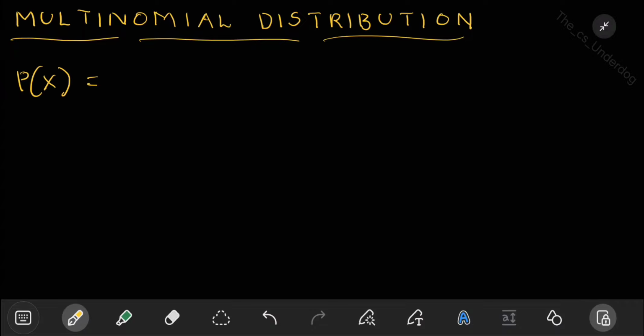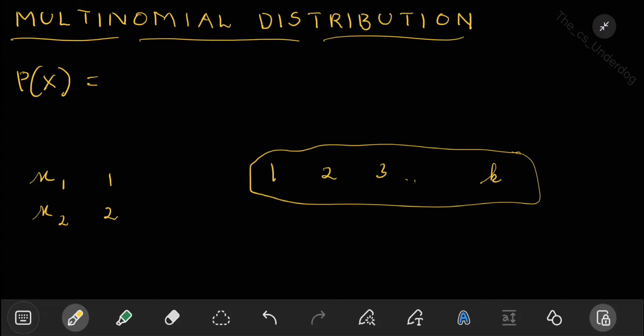This is equal to, I know that there are x1 different occurrences of first choice, x2 different occurrences of second choice, in the sense second outcome. I have different outcomes, 1, 2, 3 up to k different outcomes are possible for this experiment. So outcome 1 occurred x1 times, outcome 2 occurred x2 times, outcome 3 occurred x3 times, and so on. So outcome k occurred xk times.